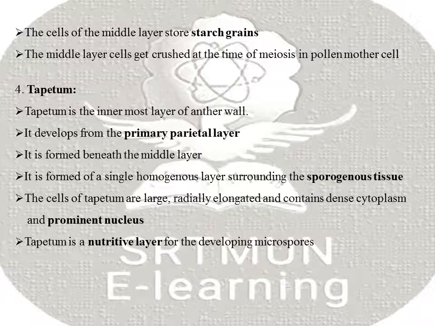Next point, tapetum. Tapetum is the innermost layer of the anther wall. It develops from the primary parietal layers. It is formed beneath the middle layers. It is formed of a single homogeneous layer surrounding the sporogenous tissue. The cells of tapetum are large, radially elongated and contain dense cytoplasm and prominent nucleus.